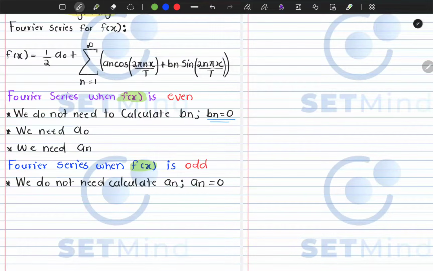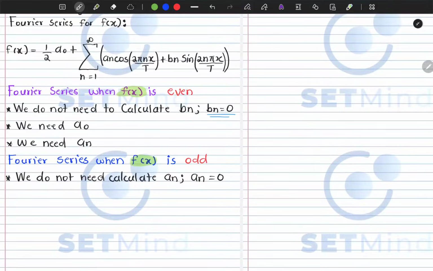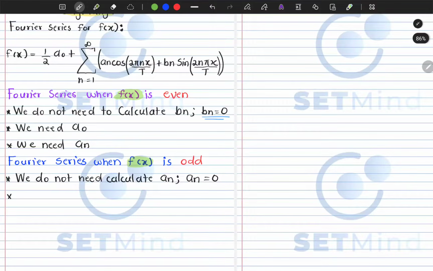If you do attempt to calculate an, you will realize that you actually get 0. Secondly, our a0 will actually be 0. So for the most part, there's no need to worry about this.